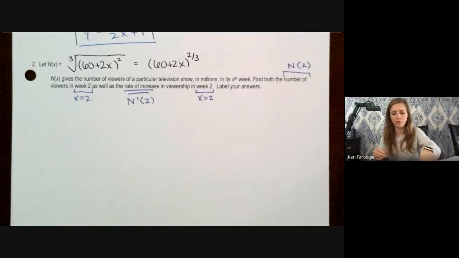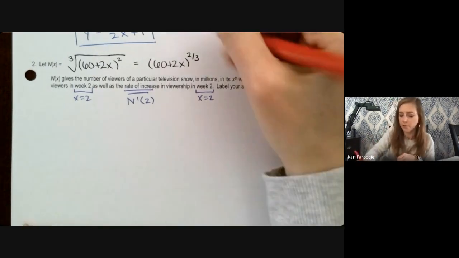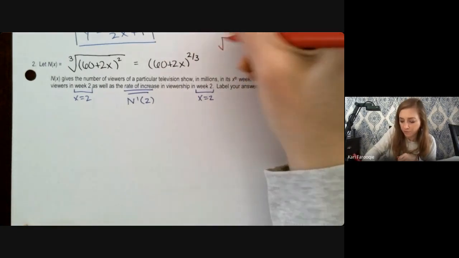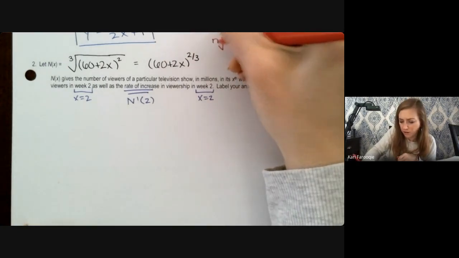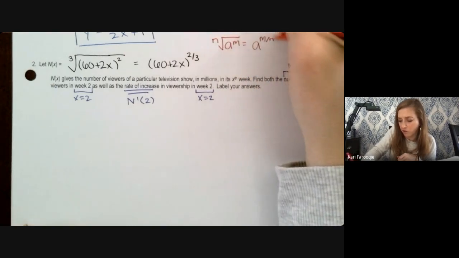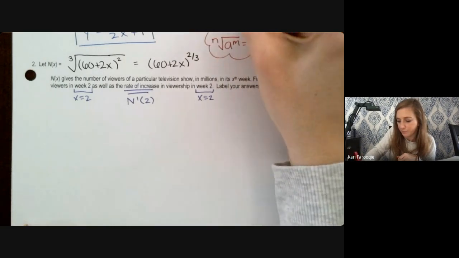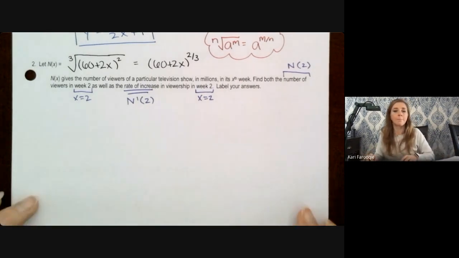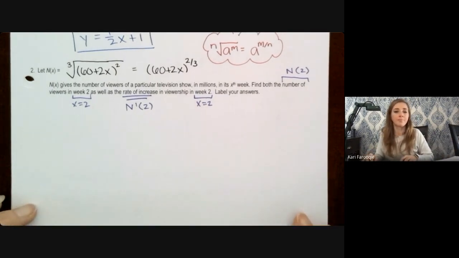I know, I feel like I've written this exponent rule so many times, but I'm going to write it again. It is the nth root of a to the m. I think it's generally written that way, is a to the m over n. Okay. So that is the way that works from algebra.